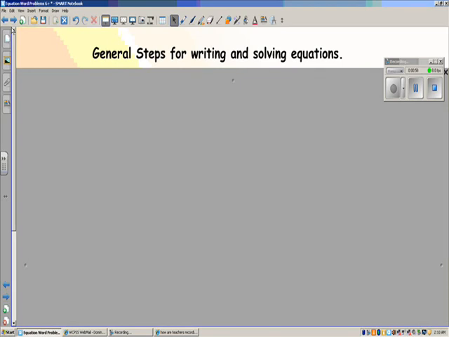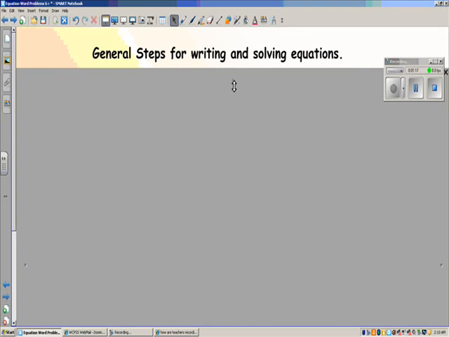So we're doing essentially the same thing, except now we're writing equations, which means we'll have an equal sign. Remember, the difference between an expression and an equation is that an equation contains an equal sign. So we're going to write equations based on word problems.